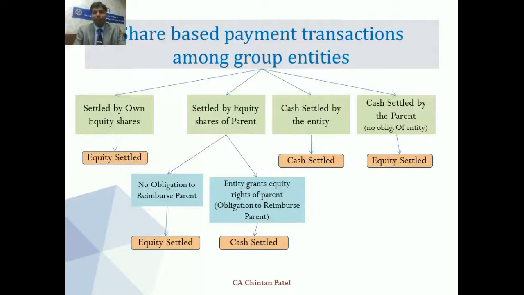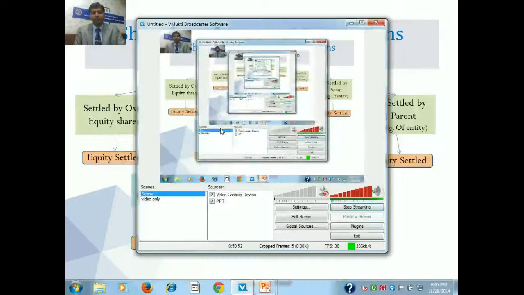Now we are coming to the last slide, that is share-based payment transactions among group entities. Now this is a general case with respect to so many MNCs and listed companies. What happens is that the holding companies issue shares to the subsidiary companies' employees.